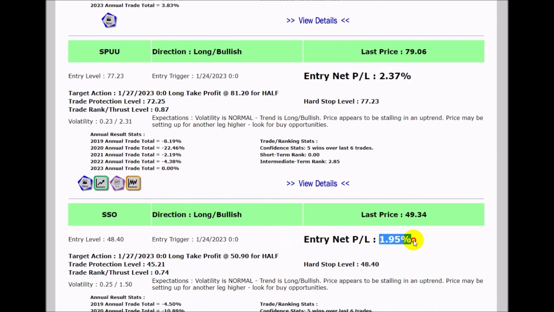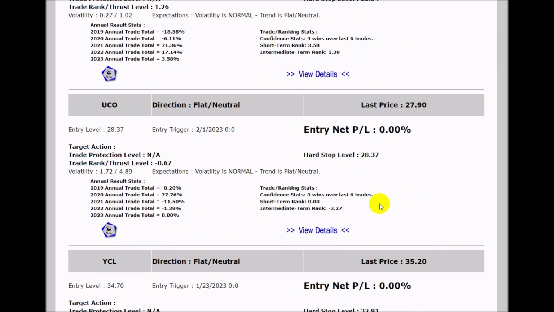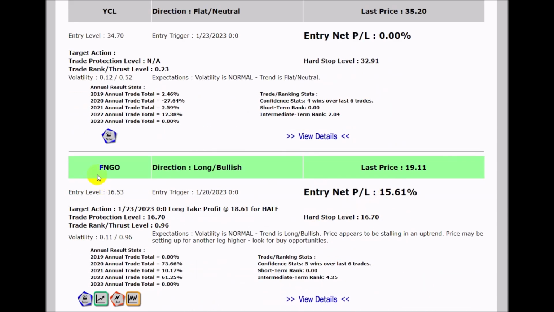It's up 1.95%. Anytime that you're fairly early and you have not seen this take half yet, this take half position tells us that we've already executed pulling half of our position out of the trade. So we've already gone to a target 1. Flat, flat, flat. FNGO is up 15% from nearly a week ago.